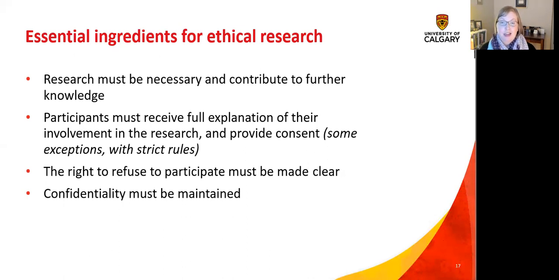You also have to maintain confidentiality. This can get tricky depending on the type of research. I know there have been studies where the researchers have worked with people who have done illegal activity. I've done research with people who've used drugs, or you might have research with people who sell drugs or engage in illicit sexual behavior that may not be something that's acceptable in the mainstream.